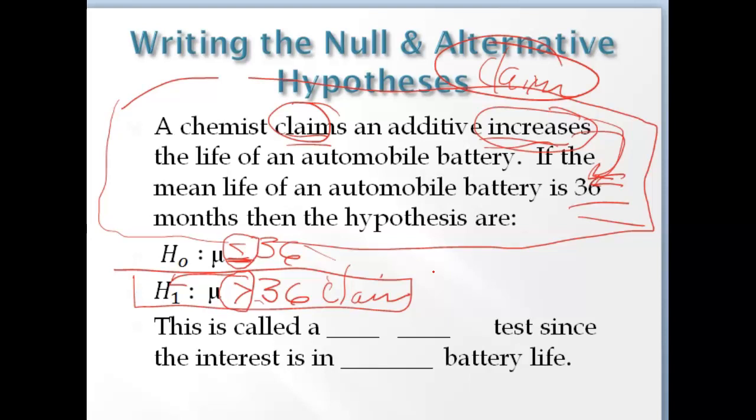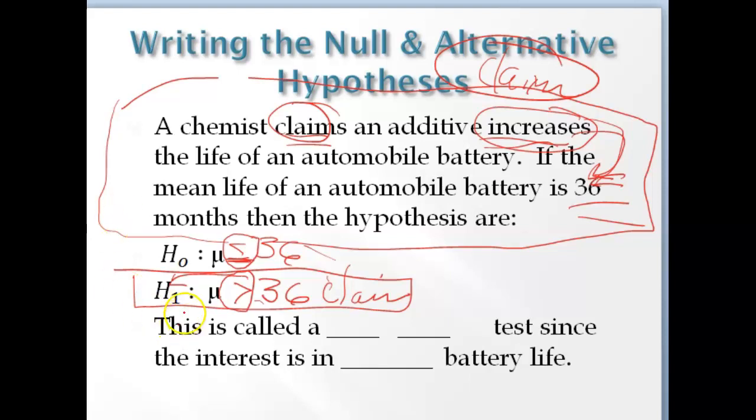What determines whether the claim is the null or alternate hypothesis is whether or not it contains a condition of equality. And here, if we're going to increase the life, then that means that we're going to make the mean life of this automobile battery greater than 36 by adding this chemical.